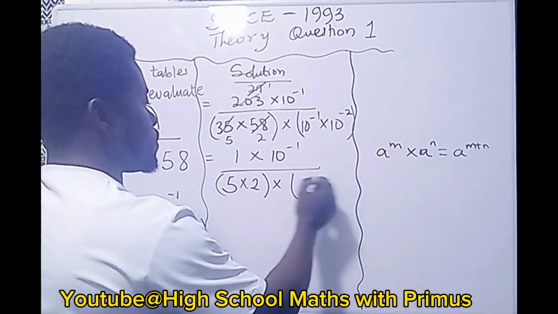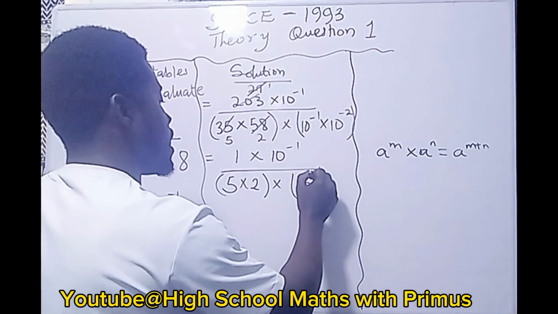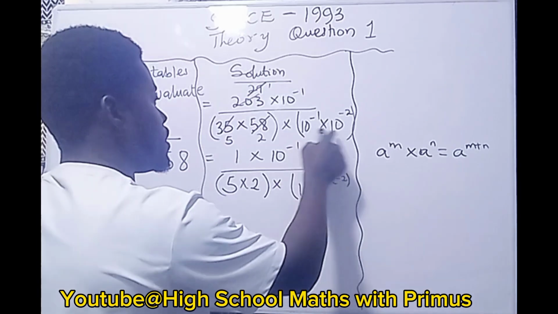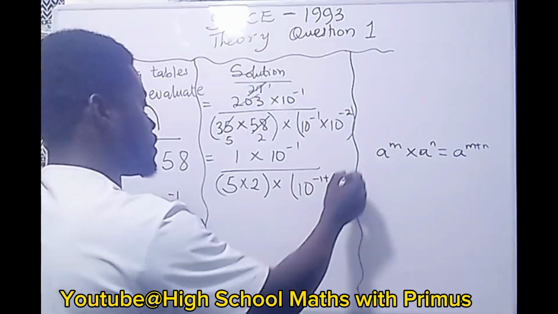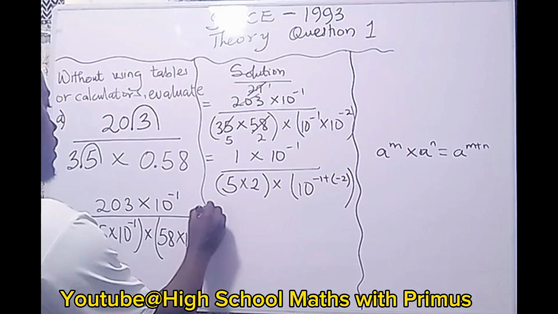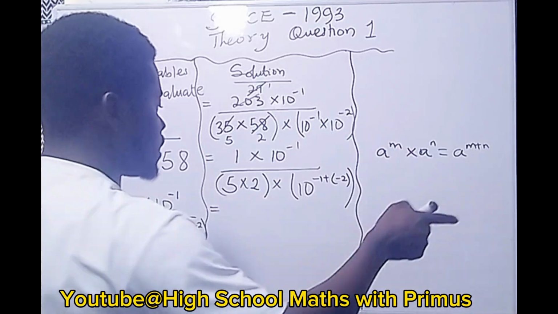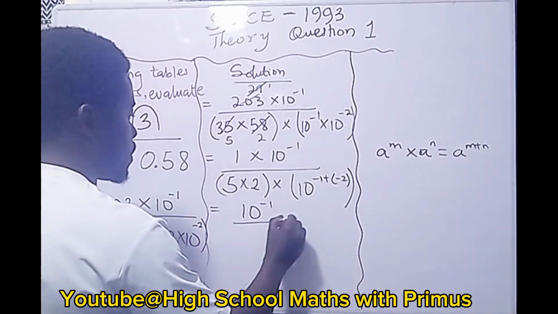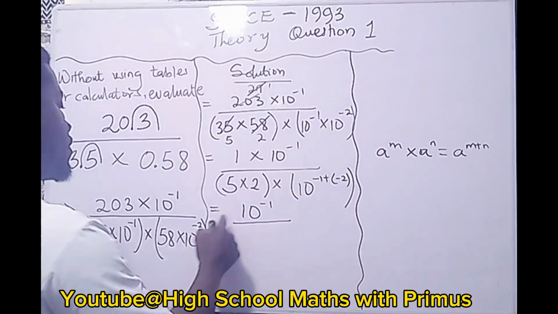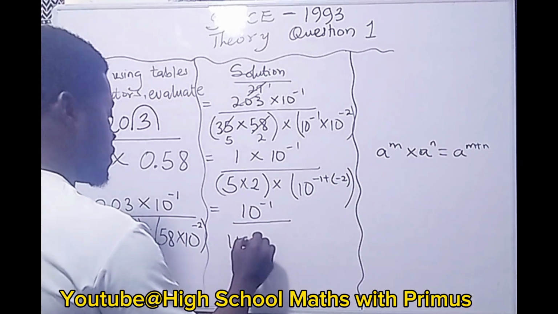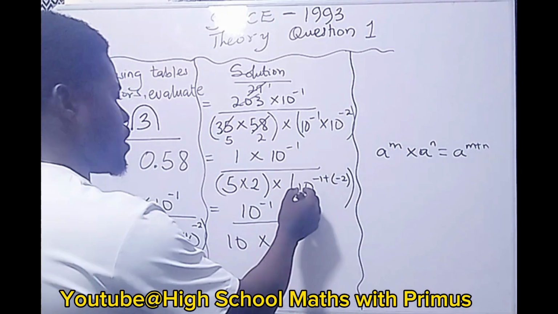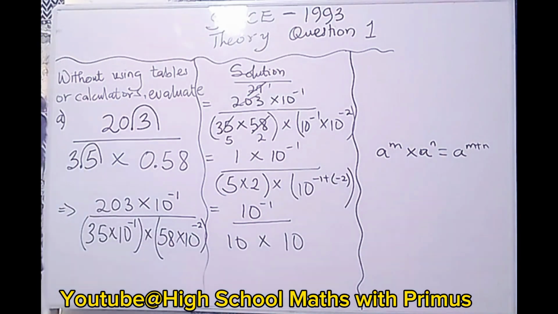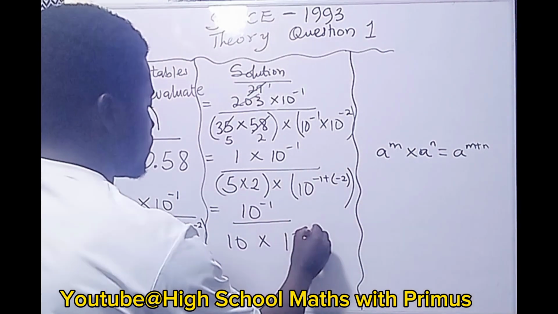So this is the same as having 10 to the power negative 1 plus negative 2, because the bases are the same, so we add the exponents. 1 times any number is the same number, so 1 times this is the same 10 to the power negative 1. This times that, 5 times 2 is 10, times 10 raised to the power negative 1 plus negative 2, which is negative 3.